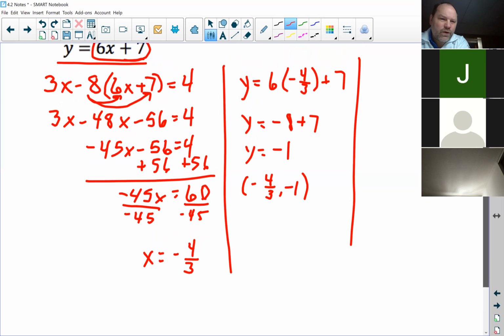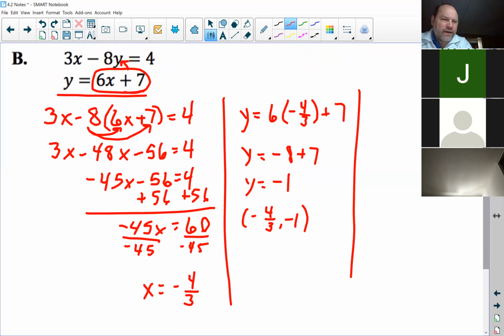And again, I want to check that. I'm going to check that in the first equation because basically I've already done it in the second one. Now here's a great thing with fractions. 3 times -4/3.